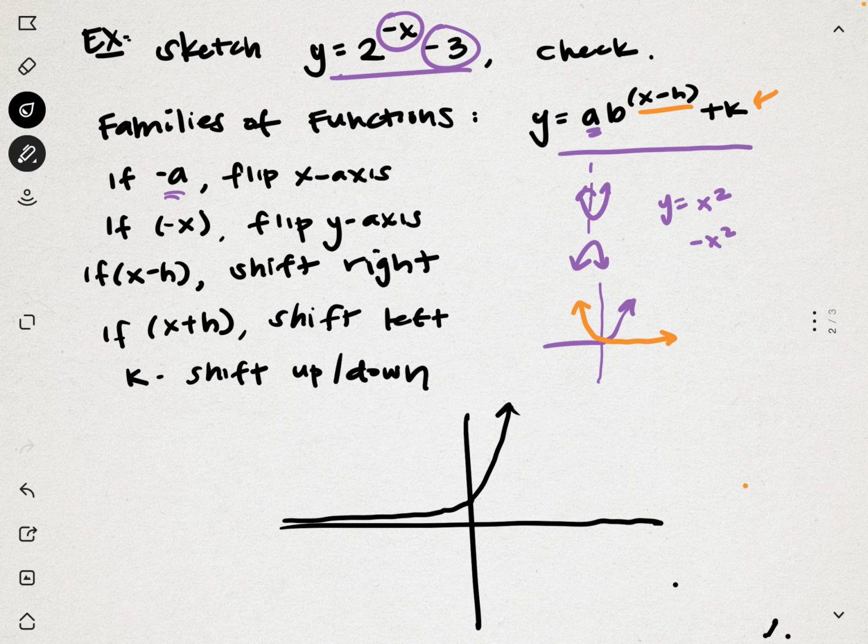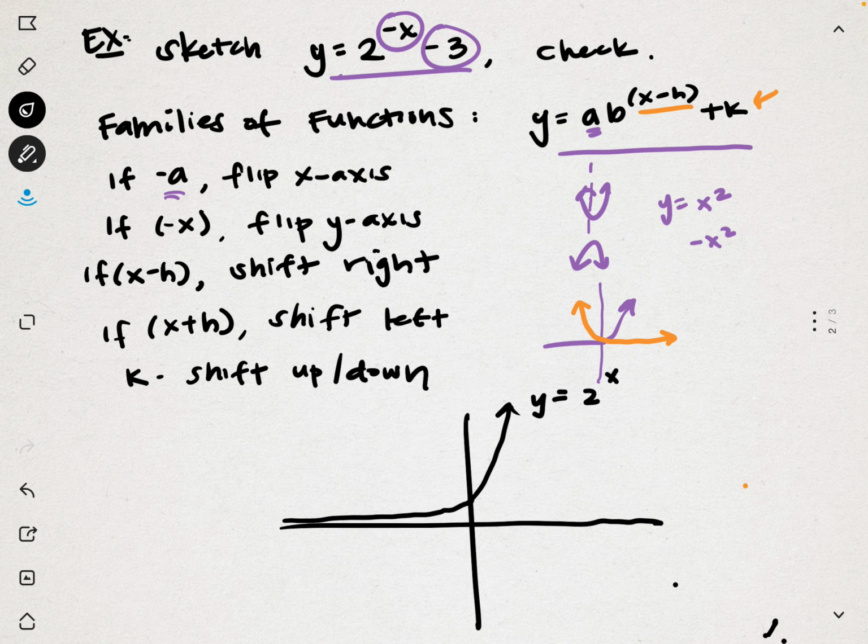Let's try a different thing. I think I got something in here. This one's not working either. Okay, there we go. Y equals 2 to the x. Sorry, this pen's a little bit harder to write with.